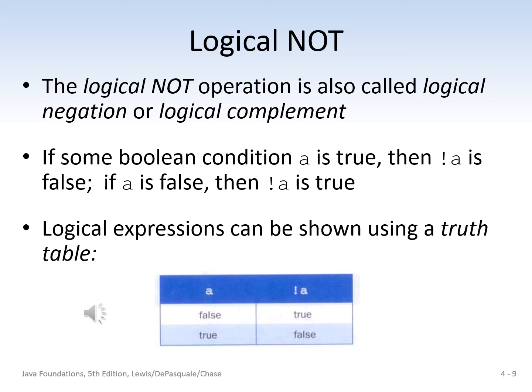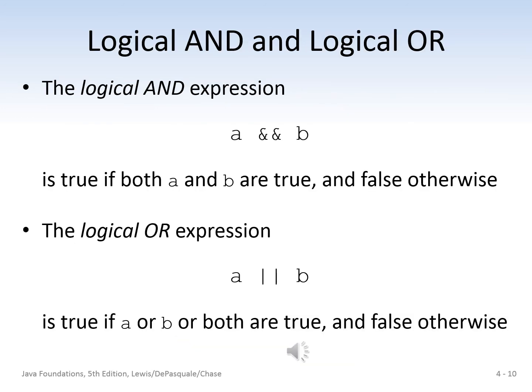It flips a true to false and a false to true. No surprise here. And and or work exactly the same as they did in the prerequisite course, so we don't need to spend a lot of time talking about that.